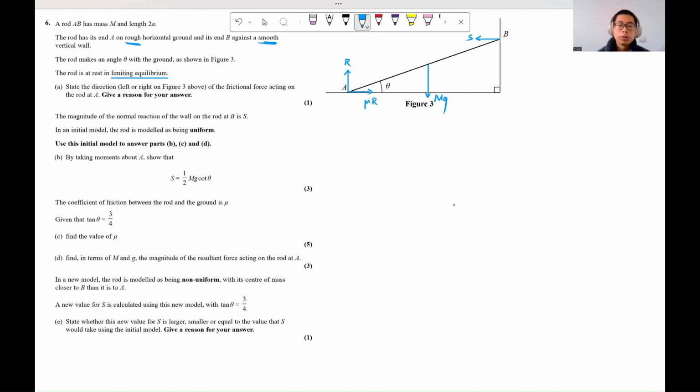So part A, the direction of the frictional force has to be to the right, because let me just write it first.